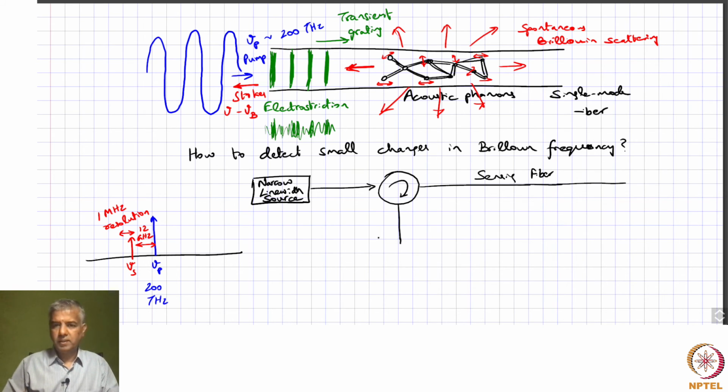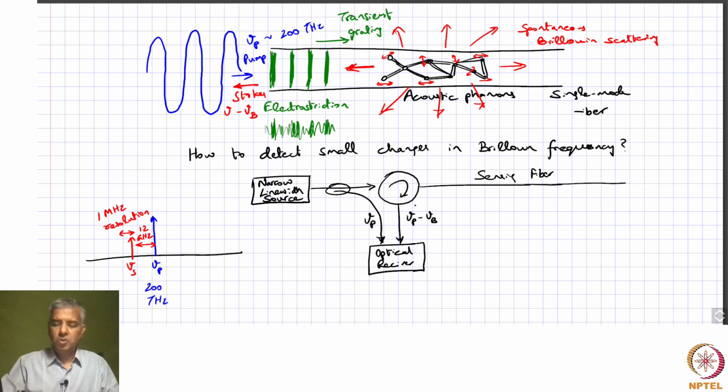However, what you are interested in is not the amplitude of the Stokes wave, you are interested in the frequency of the Stokes wave. So, you want to go into an optical receiver, where you basically tap a part of the source and feed that also into this. So, this is nu p minus nu b, the frequency that is coming back, and this is nu p. So, if you beat with respect to nu p, then you can extract nu b.